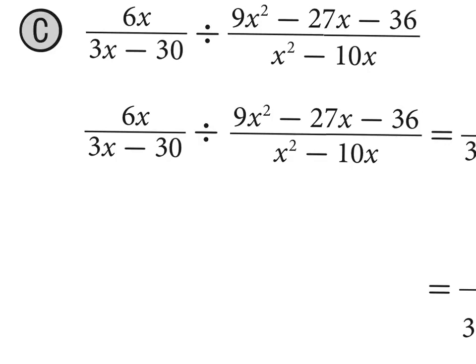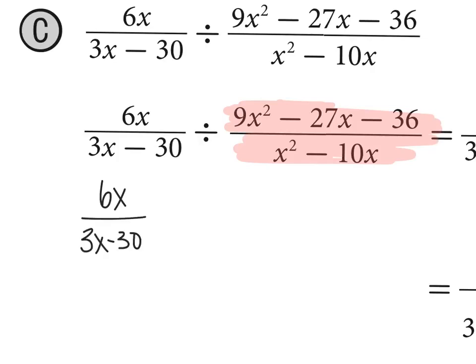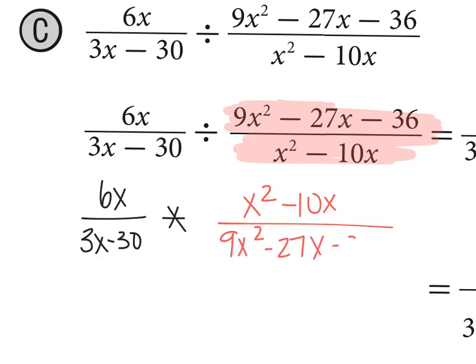So instead of dividing by all of this on the right side, what can we do instead? We can multiply by its reciprocal. So we're going to do 6x over 3x minus 30 times x squared minus 10x over 9x squared minus 27x minus 36.